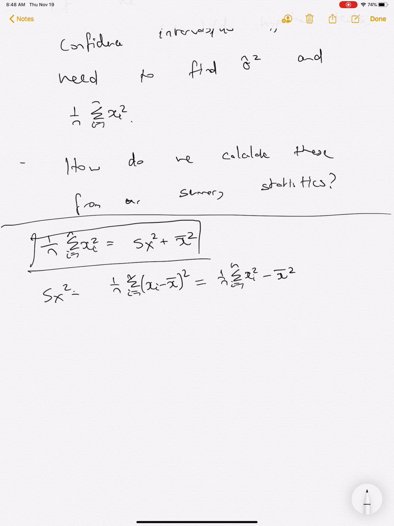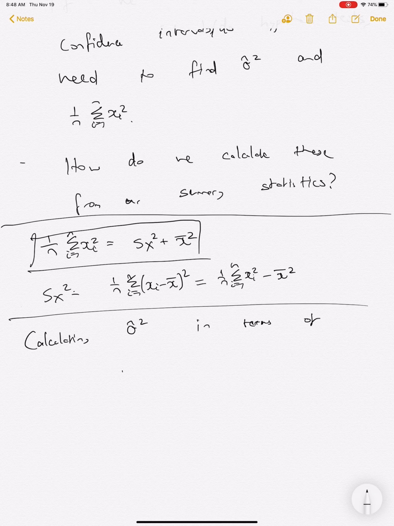And then the more challenging and interesting question is calculating sigma hat squared in terms of x bar, y bar, sx squared, sy squared, and rho hat.